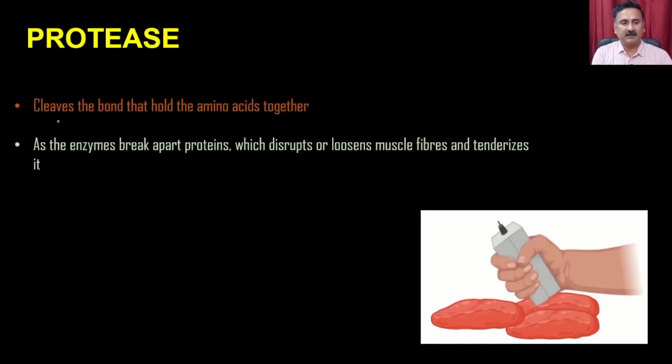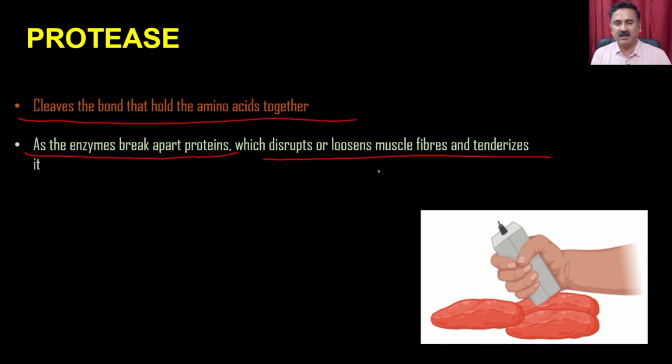The protease cleaves the bonds that hold the amino acids together, as the enzyme breaks apart protein, which disrupts or loosens muscle fiber and tenderizes it. So it is used for tenderization.